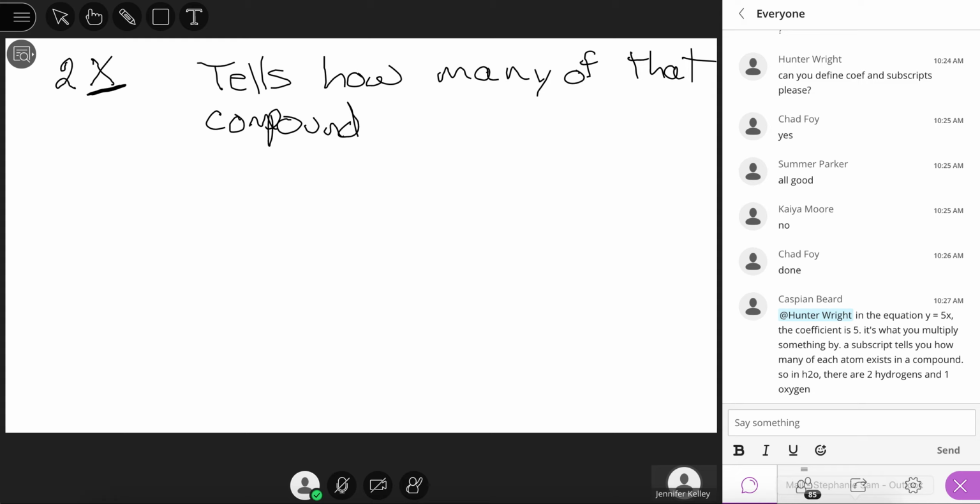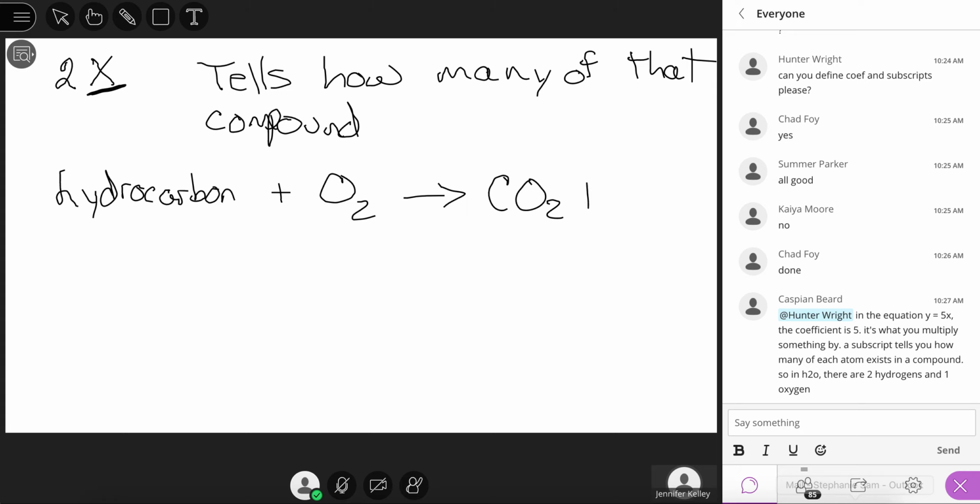One last thing before we get into the examples, that if you have a hydrocarbon and it's a combustion of a hydrocarbon, then you're going to end up with, in the very end, carbon dioxide plus water, assuming everything goes to complete combustion.